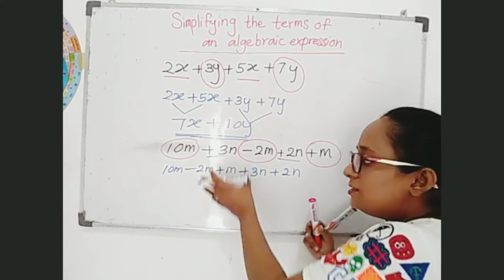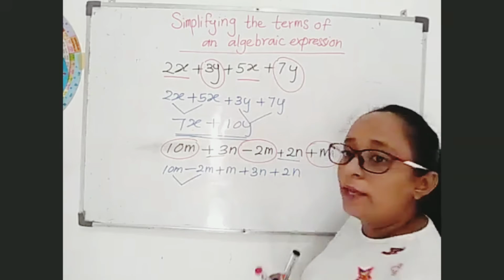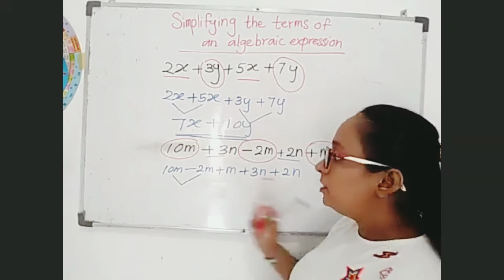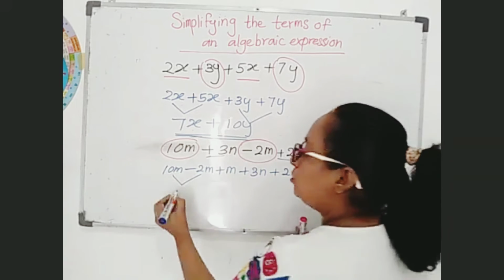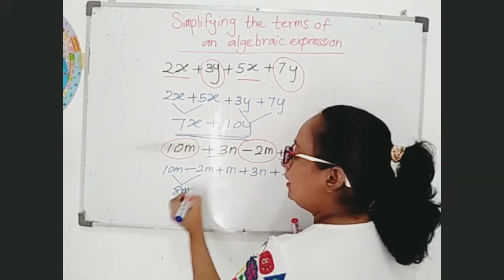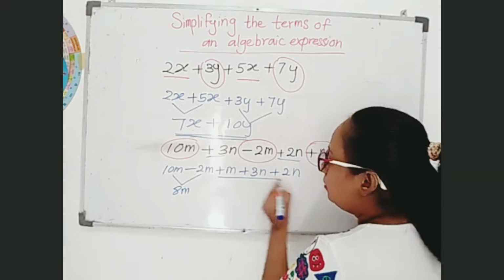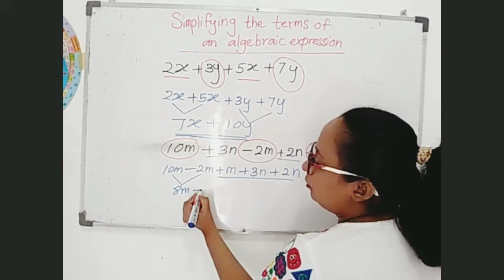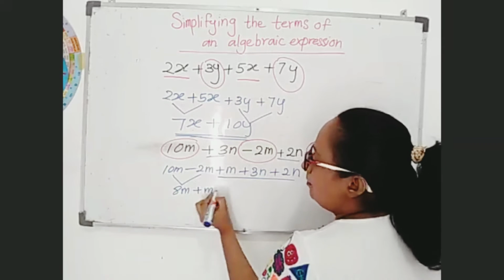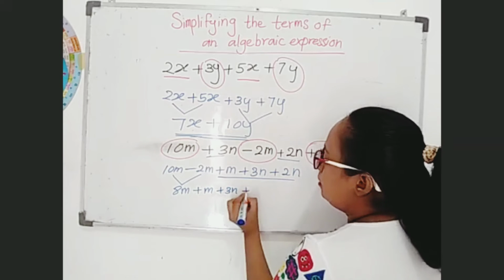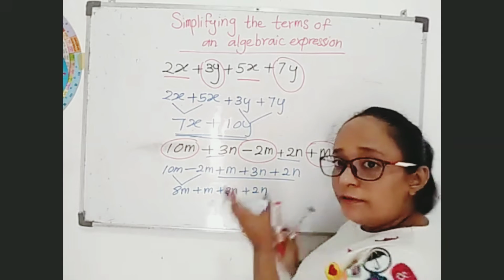Now we'll simplify one by one. So 10m minus 2m. 10ක් m 10ක් තියෙනවා එකෙන් දෙකක් අයින් වෙනවා. So අපිට ඉතුරු වෙනවා 8m. Simplify again.